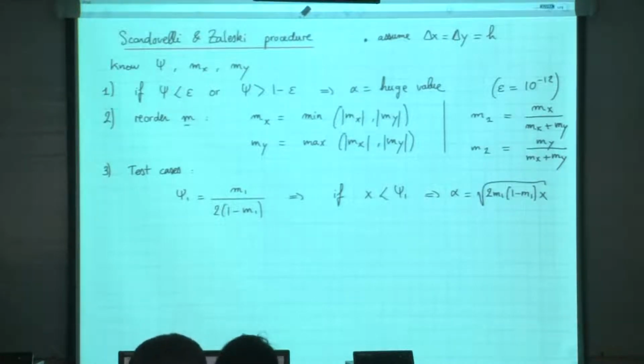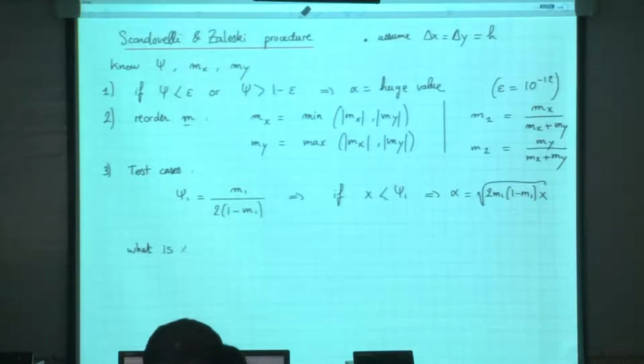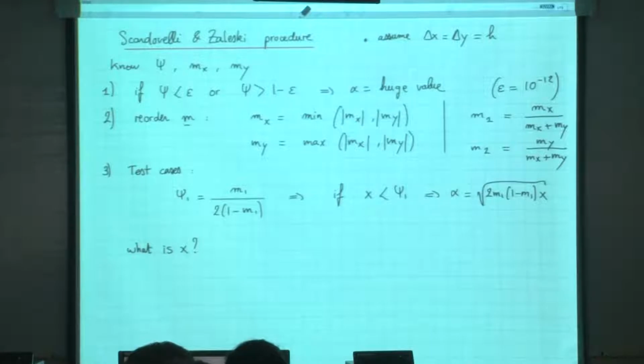What is x? There's one more symmetry we haven't thought about, which is the fact that if I'm more than 50% liquid, I can just do this entire process for the gas. So really, I don't ever have to consider the two tests that we've talked about on the previous page.